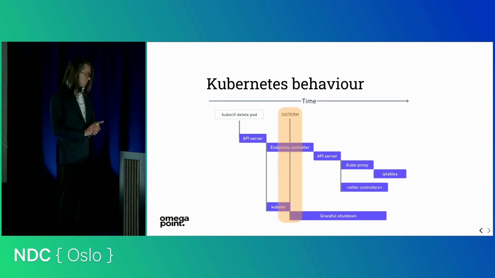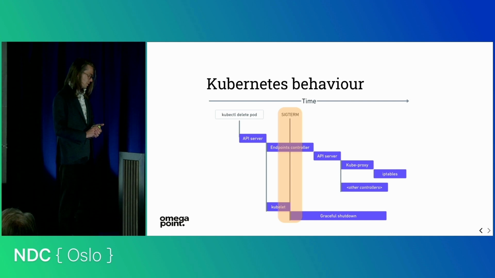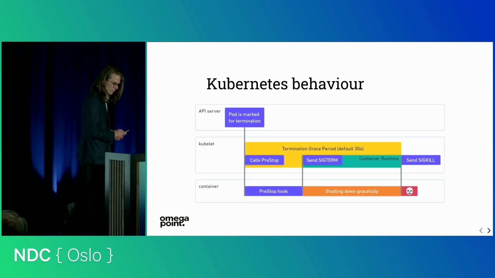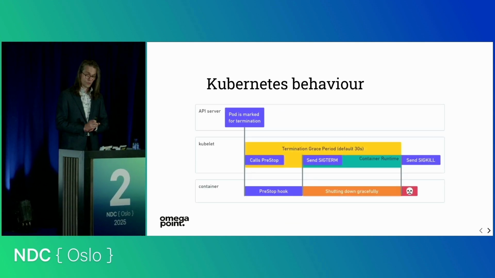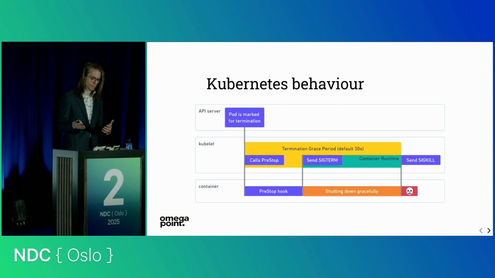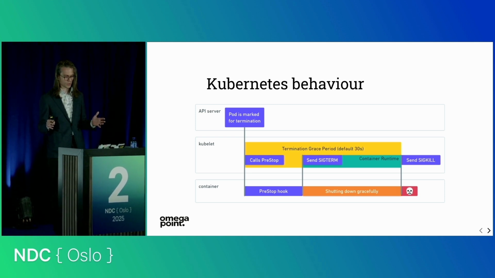Let's dig a bit into this SIGTERM signal here. We know that the kubelet is shutting down the pod, and how does it do that? So again, for more diagrams, the API server has a new object where a pod is marked for termination. This is sent to the kubelet, and now we start the termination process.